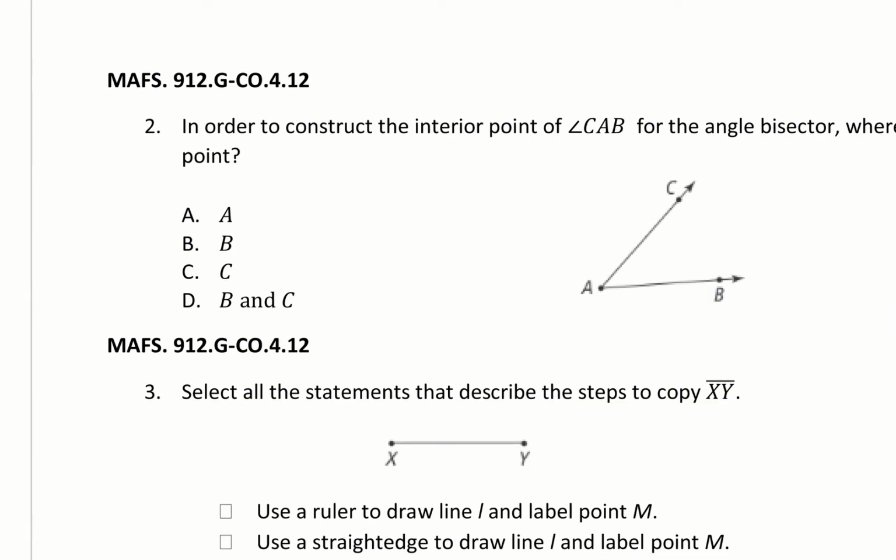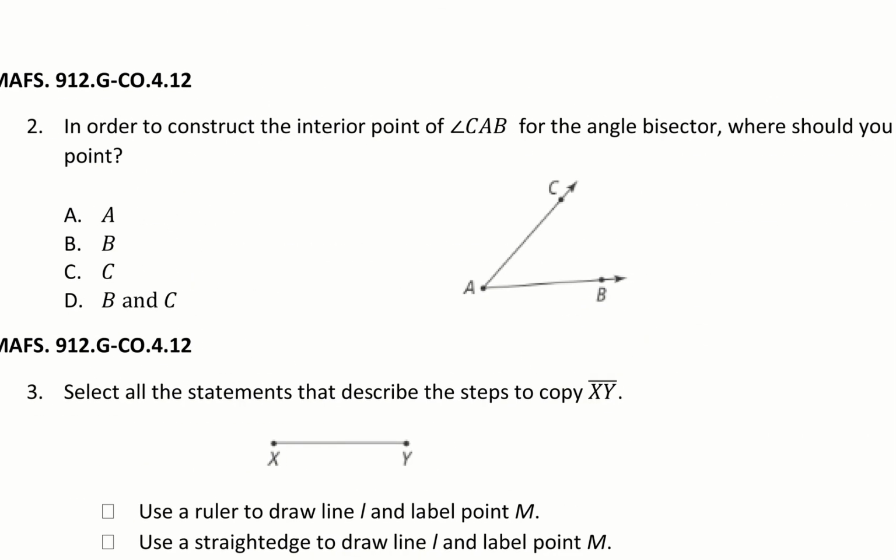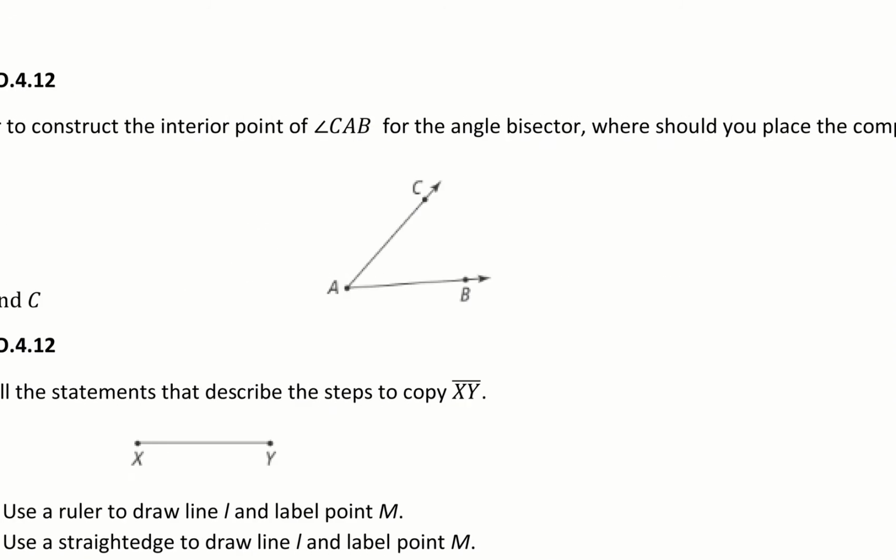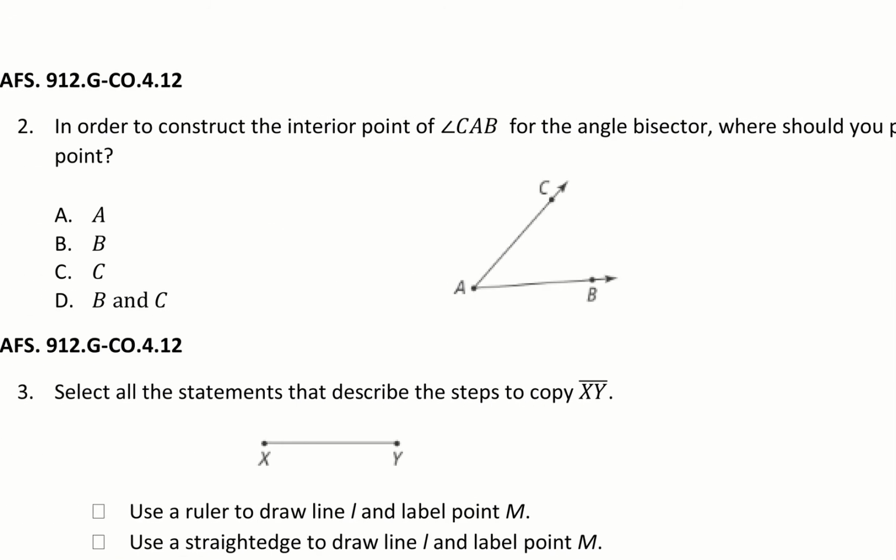In order to construct the interior point of angle CAB for the angle bisector, where should you place the compass point? Remember, a bisector is when you cut the angle in half. So you're going to make something that cuts this in half, like that. And in order to figure out where that happens, you need to place the compass at point C and then draw an arc.